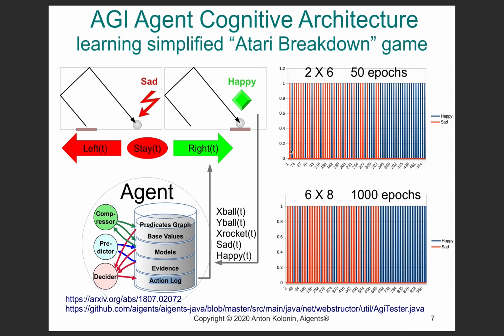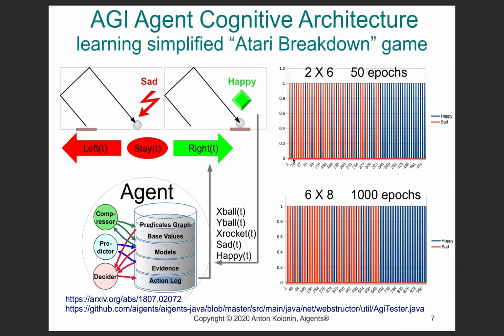Here you see that initially the agent tries to make some random movements, and most of the random movements do not make it possible for the agent to catch the ball, and whenever the ball is hitting the floor, the agent is getting red feedback. So the red line on the charts on the right side means that the agent is missing and the agent is sad.